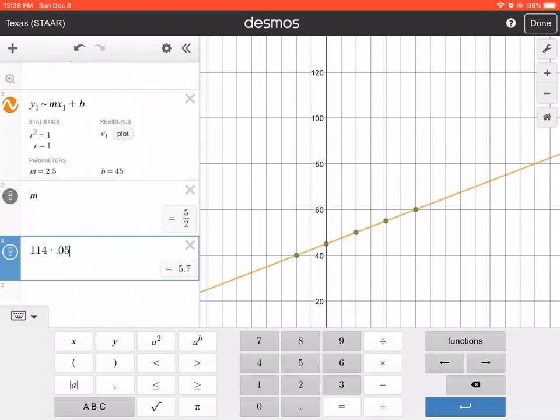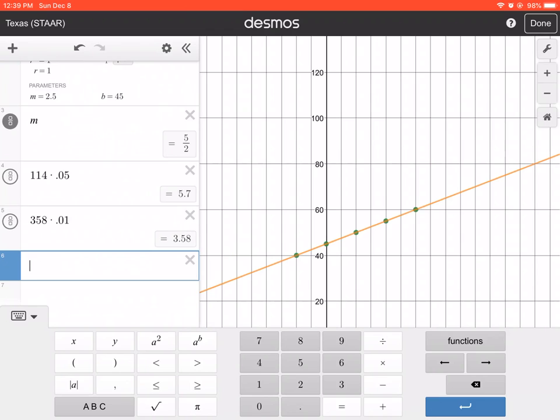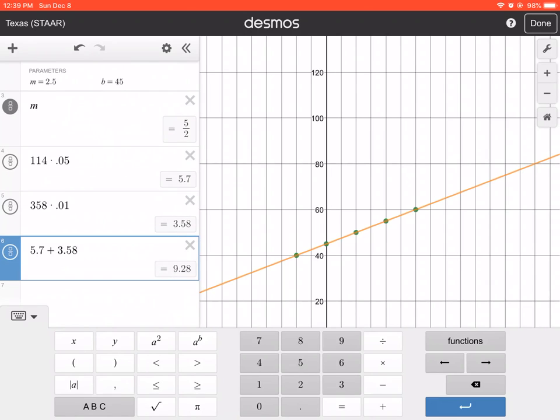And then if I have a penny, and I've got 358 of those, 358 times 0.01. And then we're going to add those two amounts together. So if we have 570 plus 358, does that give me what the equation says, $19.04? No, it gives me $9.28.